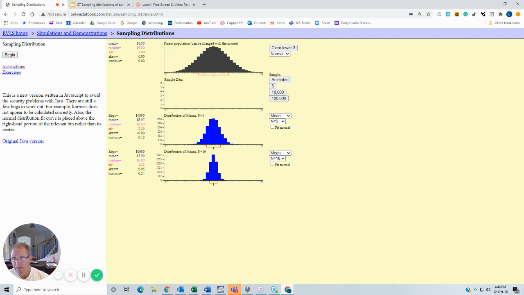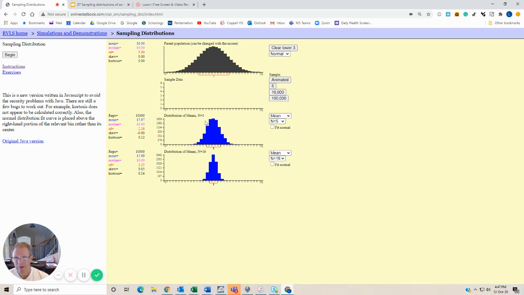Notice here that the standard deviation of my sampling distribution is 2.26. Down here, in the very bottom, I've got another sampling distribution, but this time my sample size was 16. And when the sample size is 16, my standard deviation of the sampling distribution is smaller. You can see the bottom graph is narrower than the second to the bottom graph. This one has a standard deviation of 1.25.